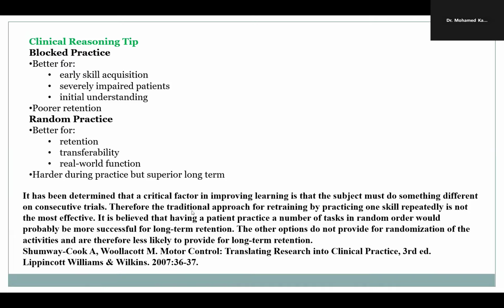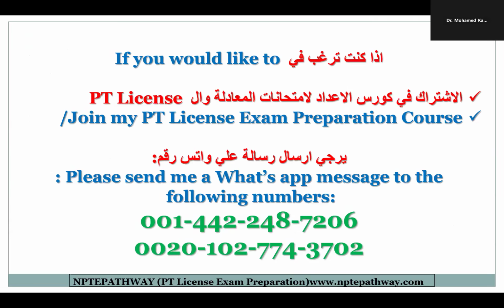So the traditional approach of retraining by practicing one skill repeatedly is not the most effective in the long term. Having the patient practice a number of tasks in random order would probably be more successful for long-term retention. And that's why this is the correct answer.